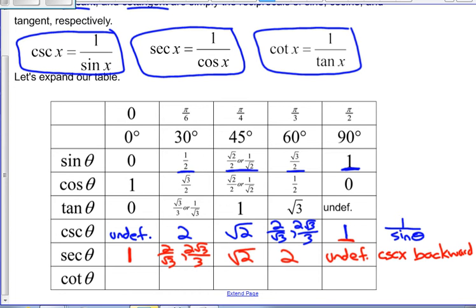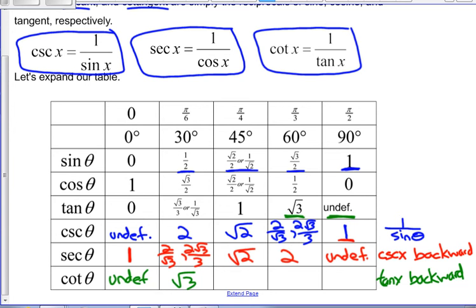Again, we could take our tangent line and take its reciprocal for cotangent. Or we can just do the tangent backward. Okay, so tangent seems to end with undefined, so cotangent will start with it. This will be root 3.